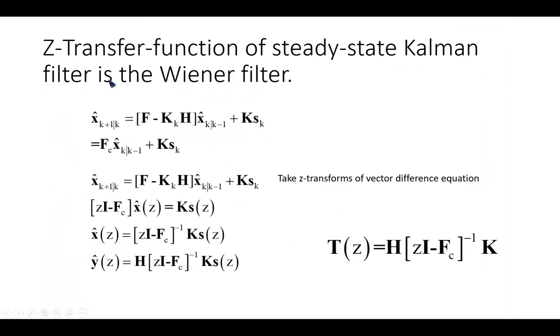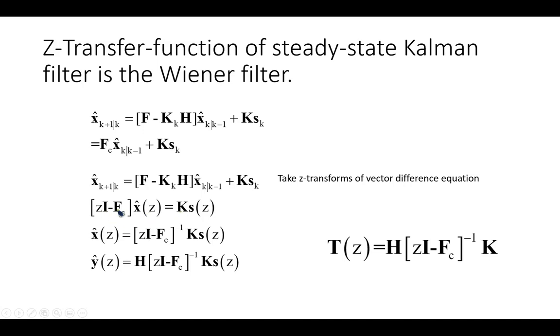So here, if we've got the Kalman filter, we can take its transfer function by taking Z transforms. Simply, it is this: K plus 1s, you need a Z term there, times the identity matrix minus FC, and so on.